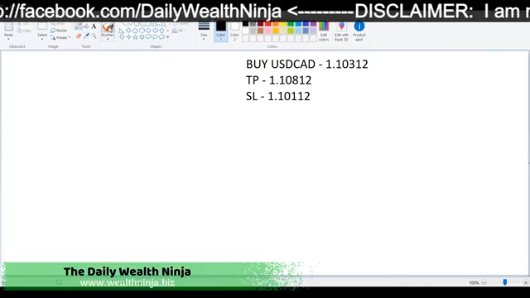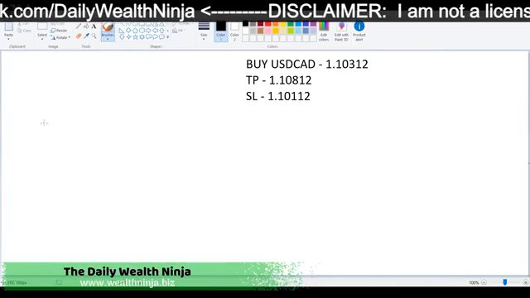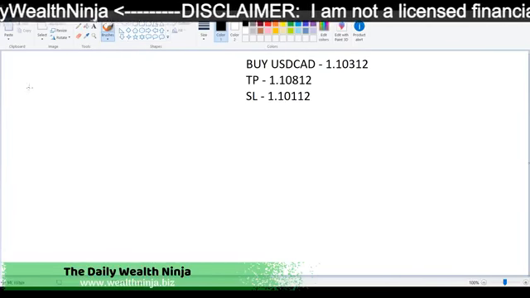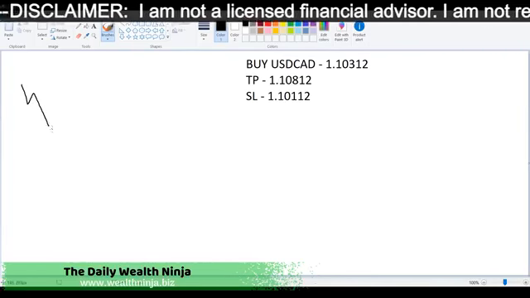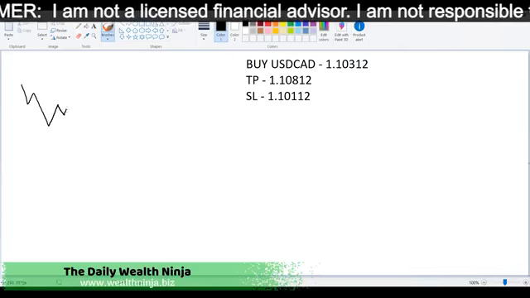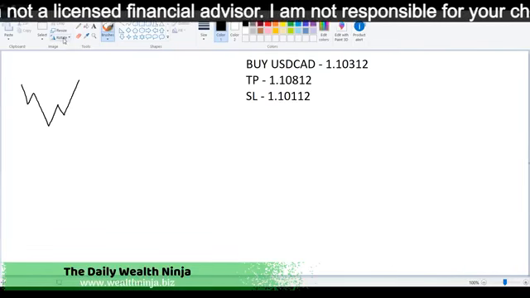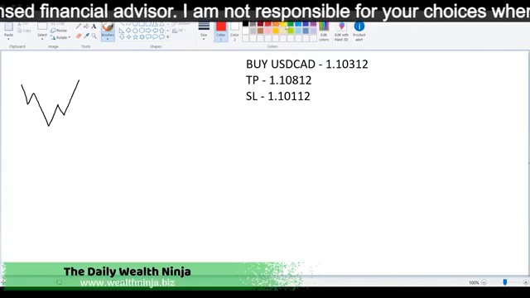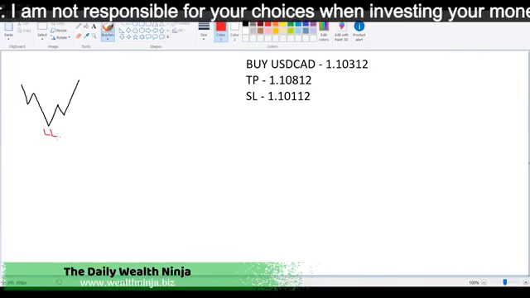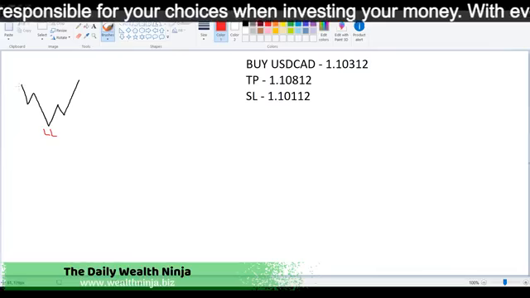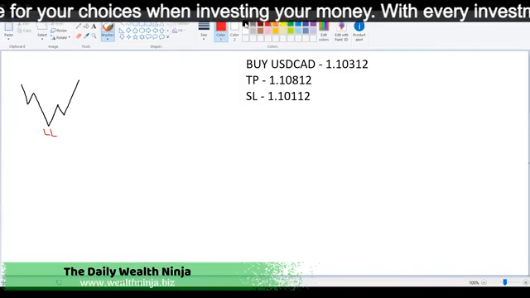So let's say again that you see this wave here. So you have a lower low. That might not quite have been right. Hold on.